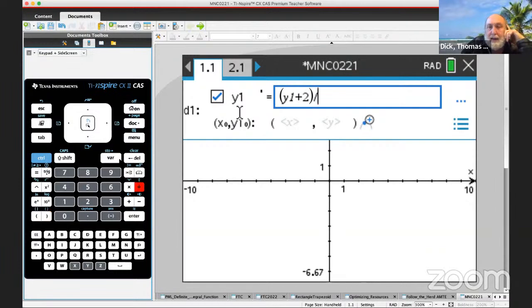And then we're going to divide that by the denominator, which was just x plus 1. Oops, I got the wrong kind of parentheses there. All right, let me try that again. Okay, so x plus 1.